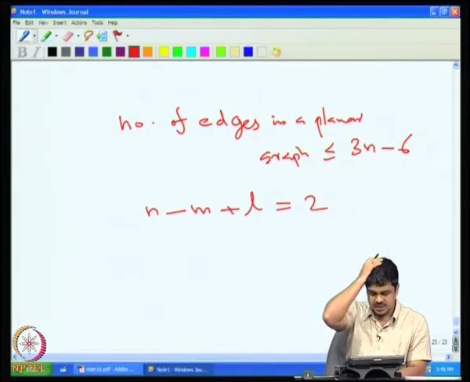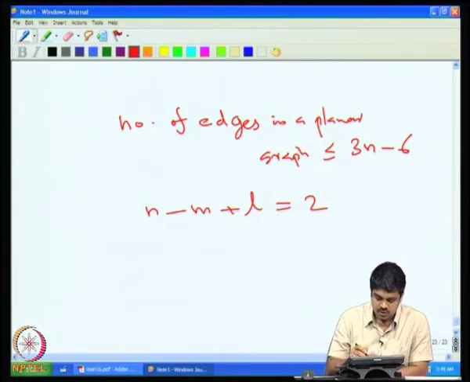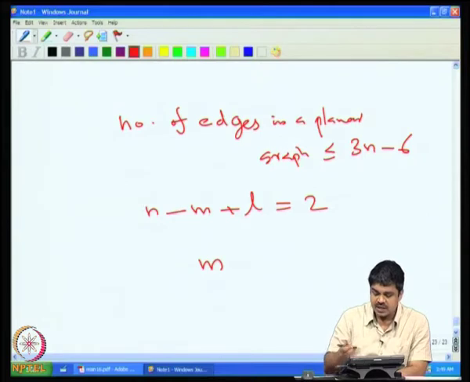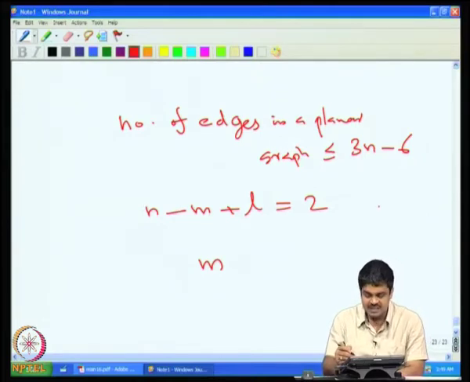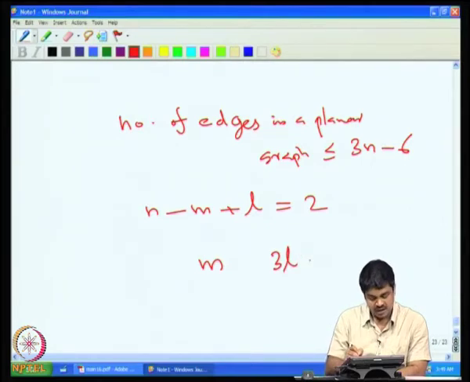For instance, if you want to find how much is m, we can say that each face will contribute at least 3 edges. So, there should be at least 3l edges, right.